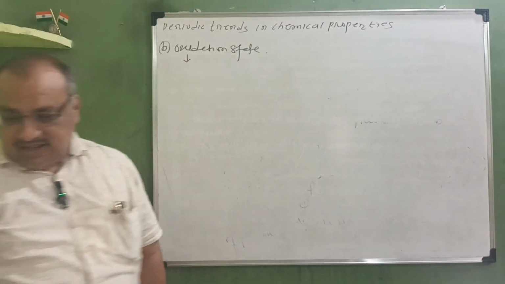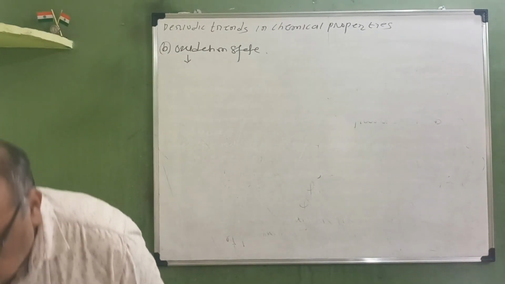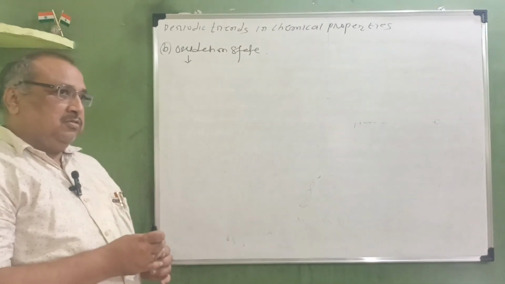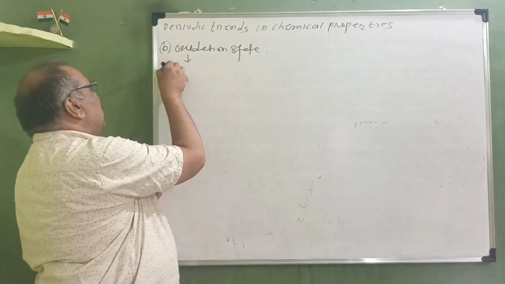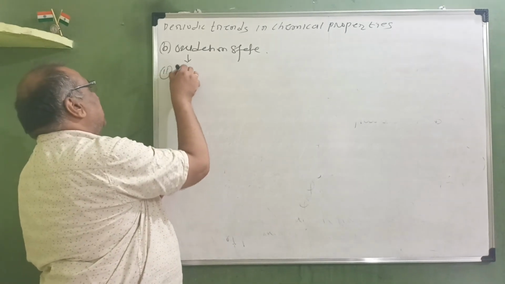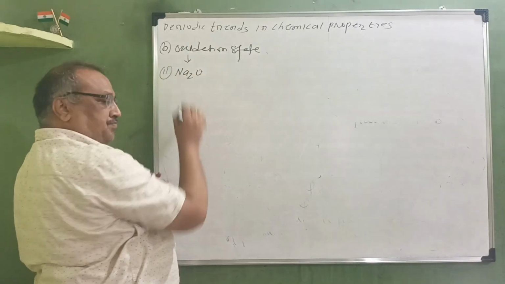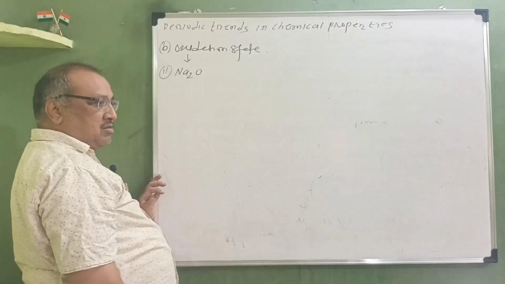Now here write down the next example. Na2O, that is sodium oxide.